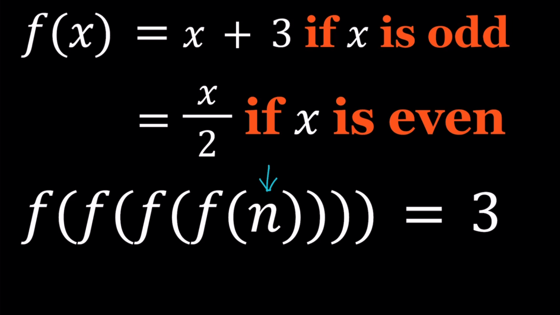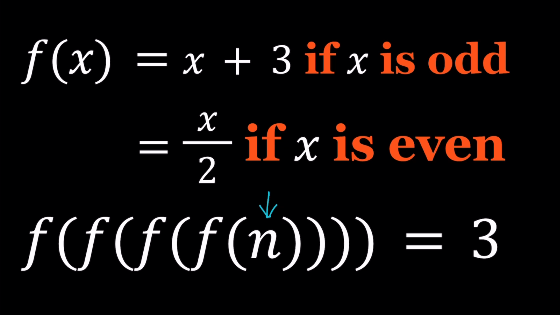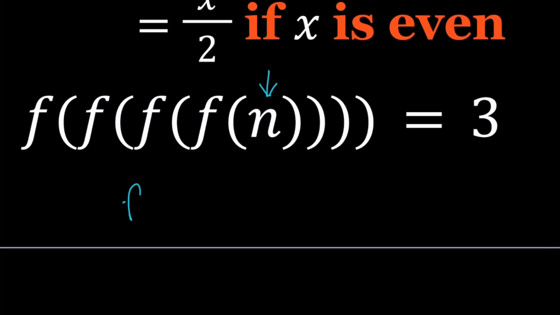So the definition for f is given, but we kind of need to work backwards, because if you think about it, whenever you have a function with so many compositions, let's just take 2 of them. For example, let's start with the first one. Let's say f of n is equal to a. In this case, you have to apply f inverse on both sides, and that's going to give you f inverse of this equals f inverse of this.